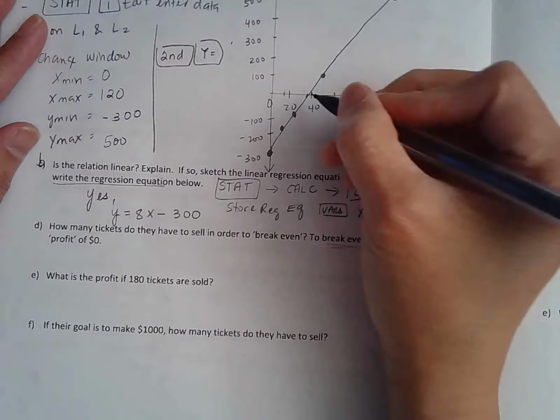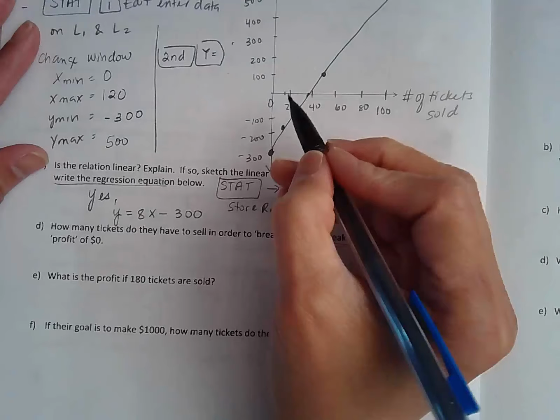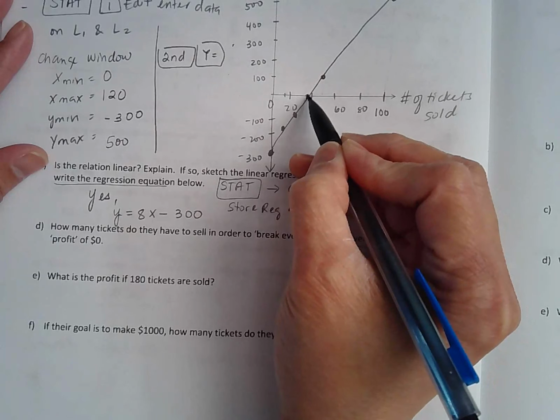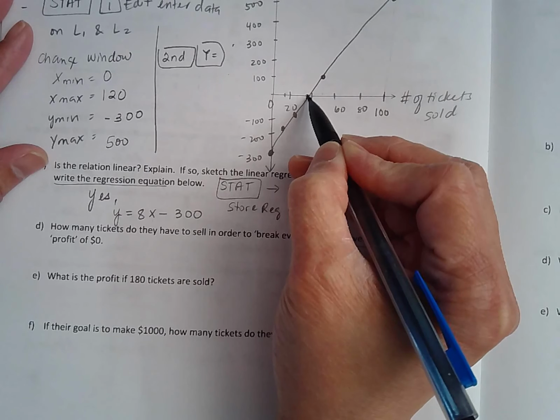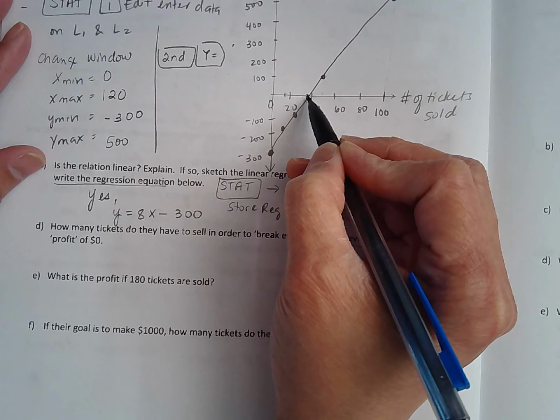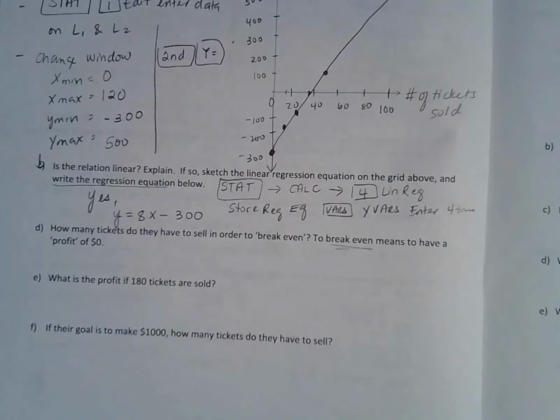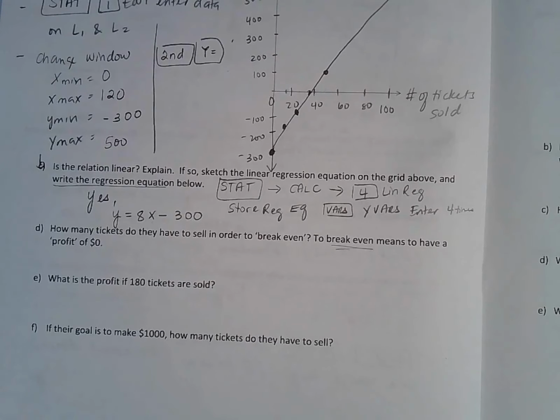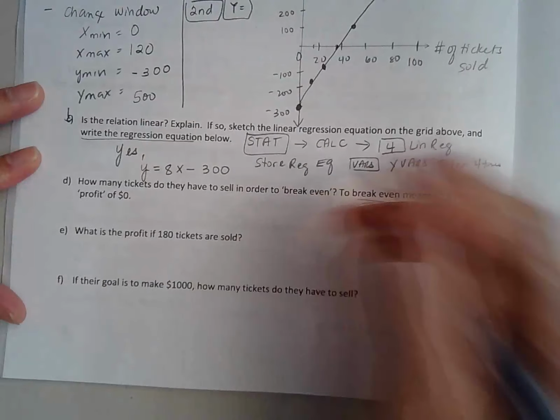So we're going to try to figure that out. That particular point there is called the x-intercept. In this case, they don't use the term x-intercept, but that's the x-intercept that we need. So we need to calculate the x-intercept. How do we do that?